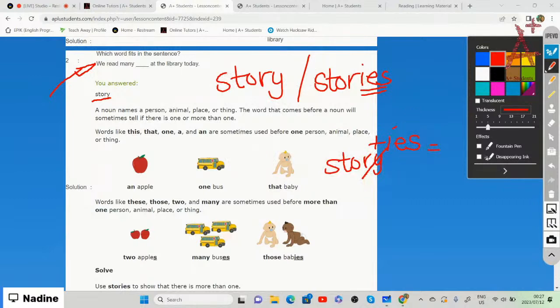And then it changes into the plural form of stories. So we read many stories. So stories is our answer. We read many stories at the library, and the word many tells us that it is more than one.